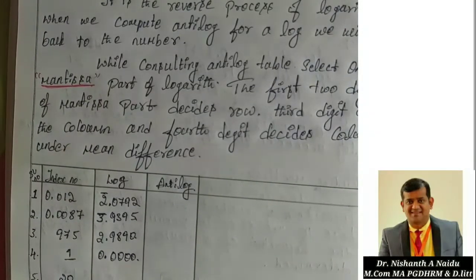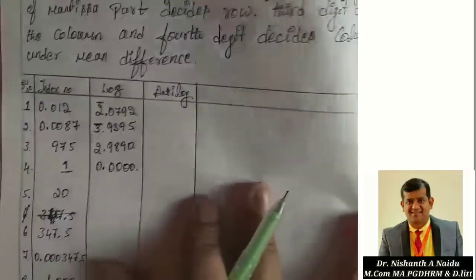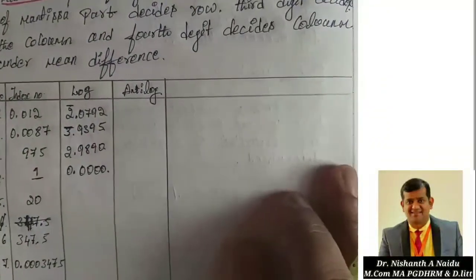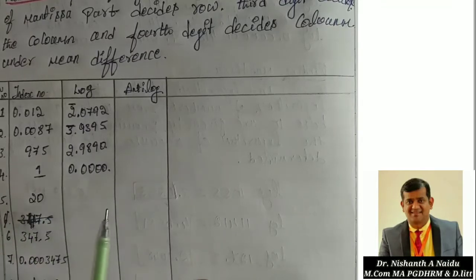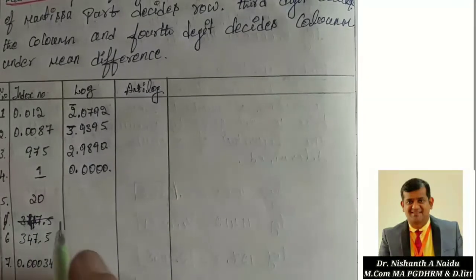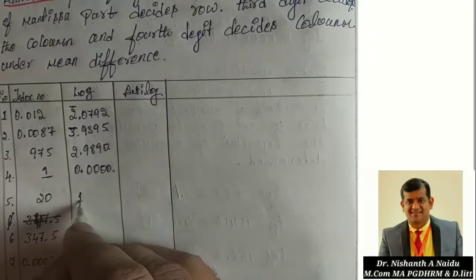Now we have 20. How many digits are there? 2 digits. Since 20 is greater than 1, 2 digits minus 1 is 1 point.